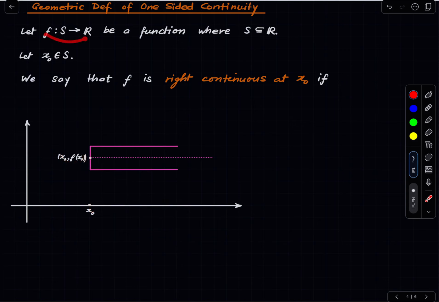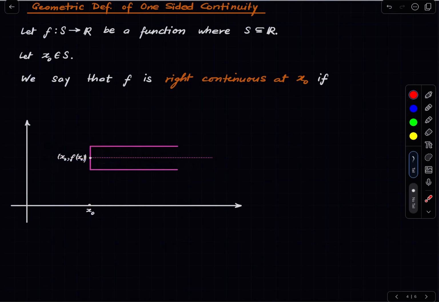In the geometric definition of continuity at x0, we just had the full two-sided band, and instead of the right delta neighborhood, we had the delta neighborhood. We are just replacing everything by the prefix right.